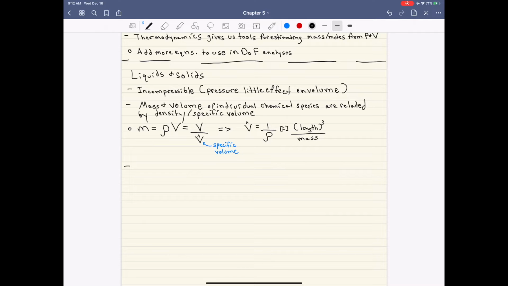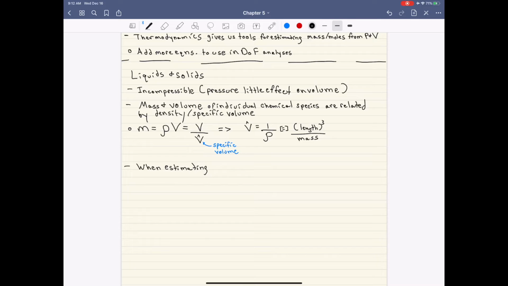But a lot of times in this course, we're going to deal with systems that involve mixtures of chemicals. Okay? And if you want to figure out the mass of the system in that case, you're going to have to use some sort of weighted average for the density or specific volume. All right?